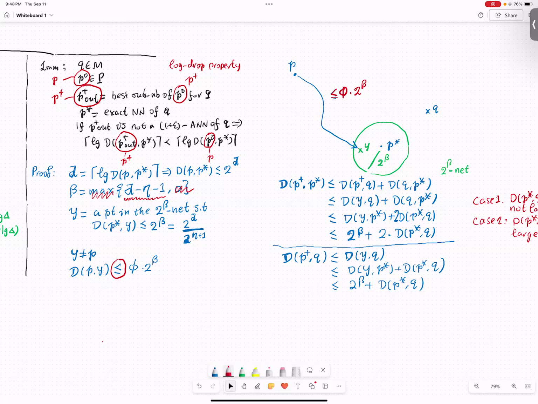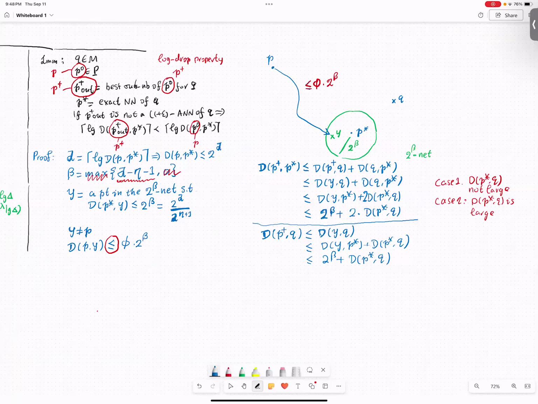So why do we have it? Now let's see. Let's write a little proof here. We can apply the triangle inequality. So this d(p, y), we can use p star as the bridge to apply the triangle inequality. So now we've got d(p, p star) plus d(p star, y).